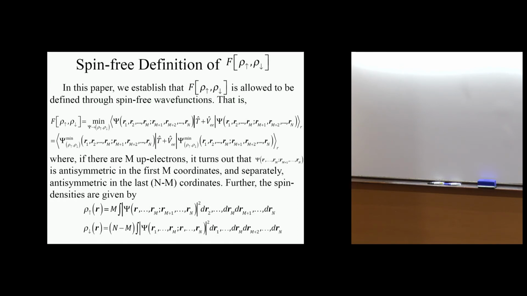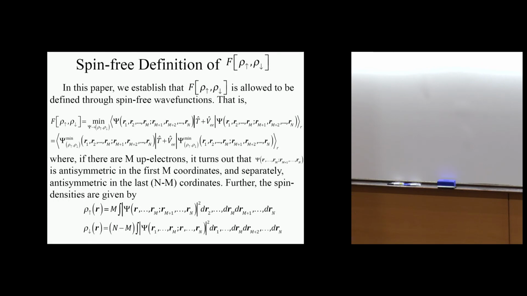In this paper, which is unpublished and was submitted to Physical Review A 2 weeks ago, we established that for this F, the spin density F, you're allowed to use spin-free wave functions. And that's this here: F is the minimum over psi, where these are just functions of space.